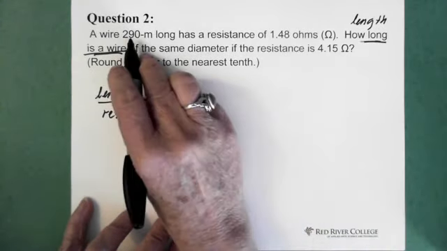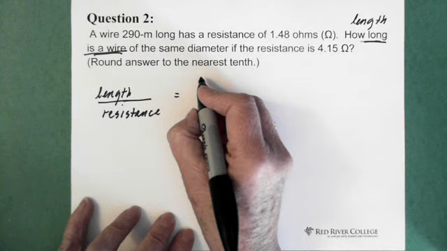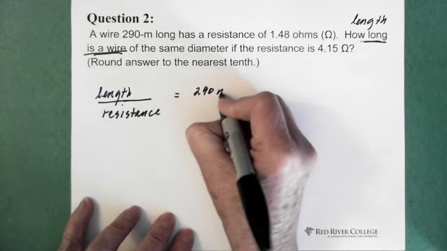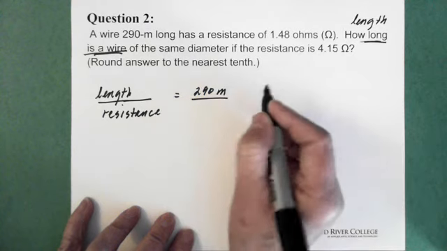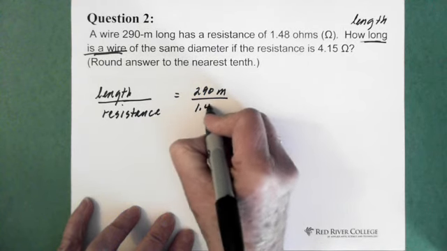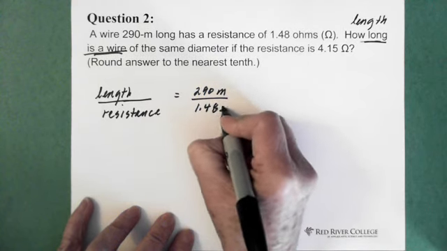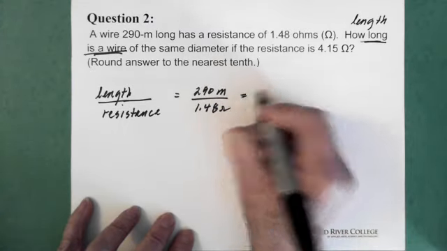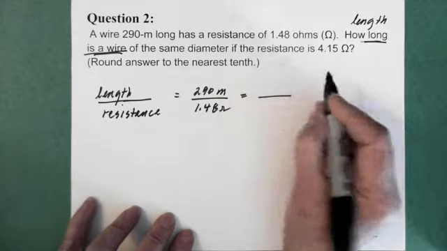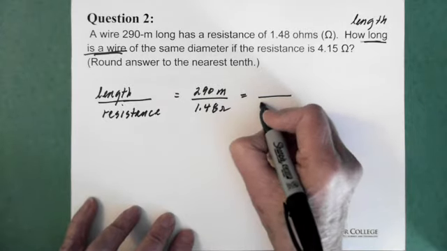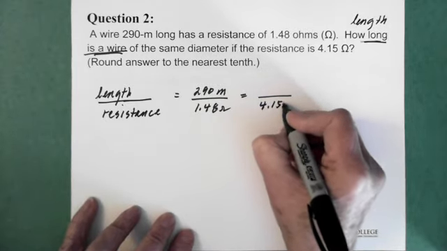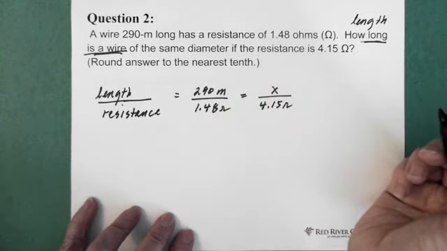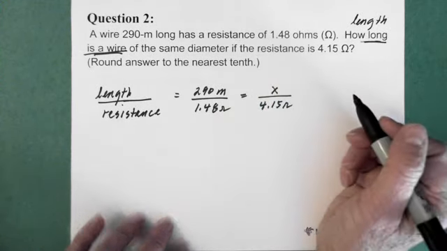We're told here for this first wire that we have 290 meters and the resistance is 1.48 ohms. So these two are connected. For the next one, we know that the resistance is 4.15 ohms, and we are looking for the length of that wire.